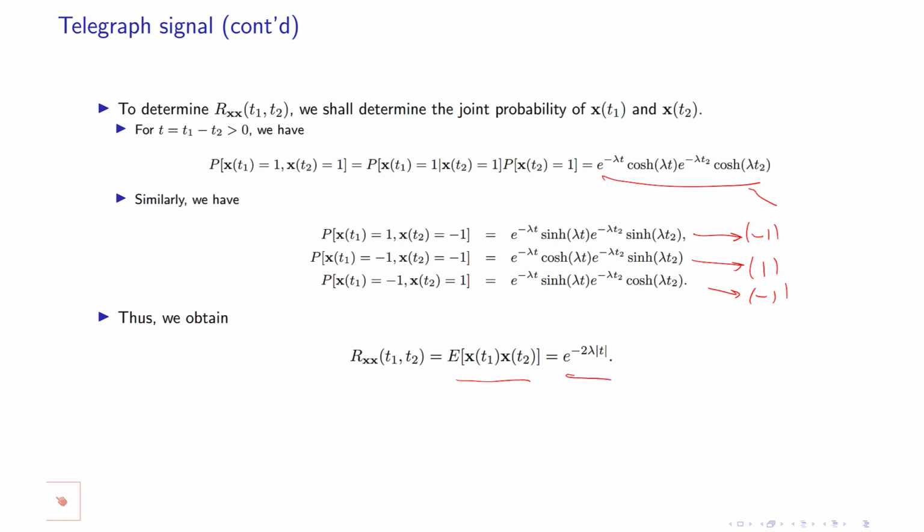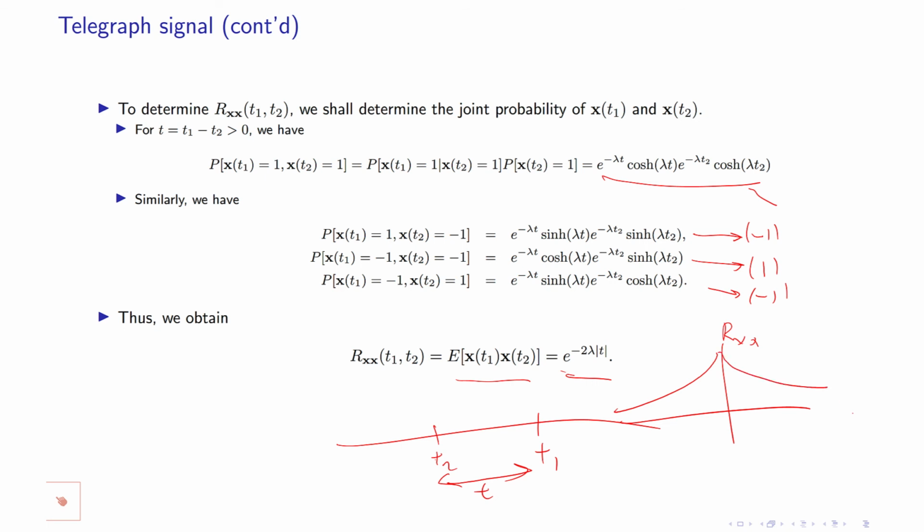So you see that if you take 2 samples at time, let's say, t2 and t1, and this time difference is t, then the autocorrelation function Rxx is only a function of the time difference, and it is reducing like that. So if I plot it versus only t, not t1 or t2, it is reducing exponentially.